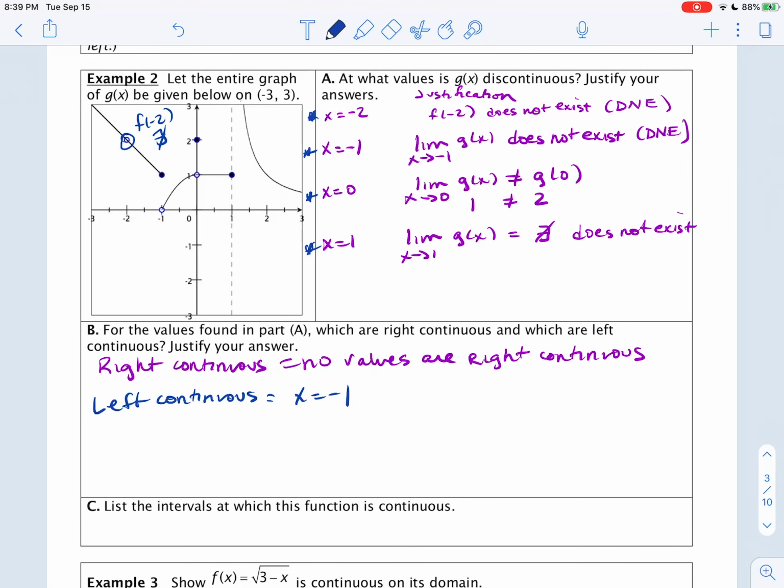But at x equal to -1, we do have that the function outputs approach 1, and the function output at -1 is 1, so it is continuous because the limit as x approaches -1 from the left of g of x does equal g of -1, sorry.